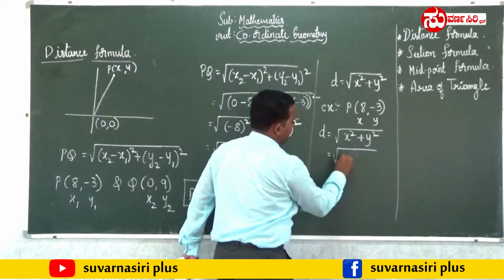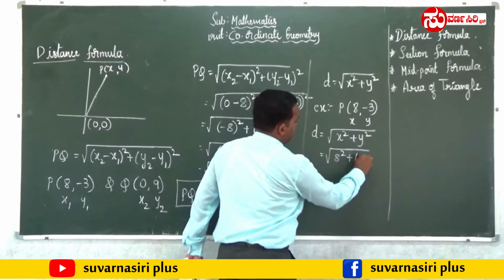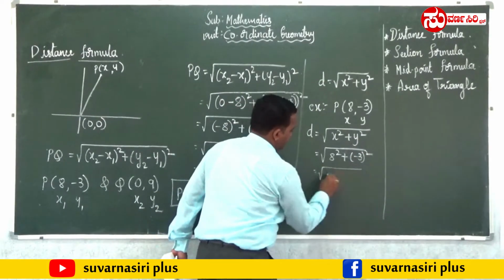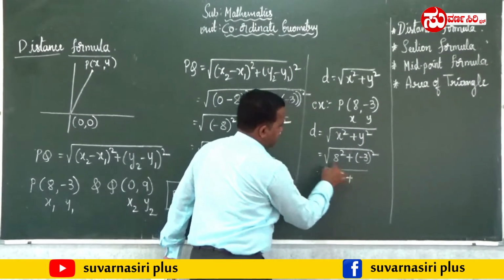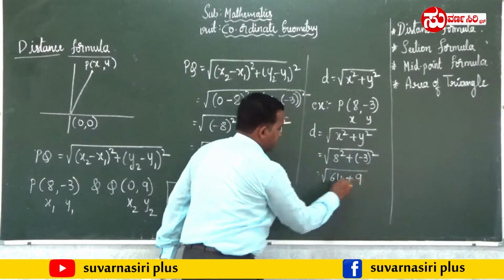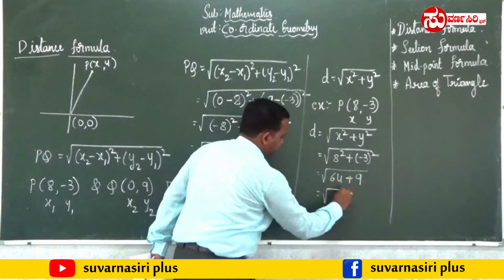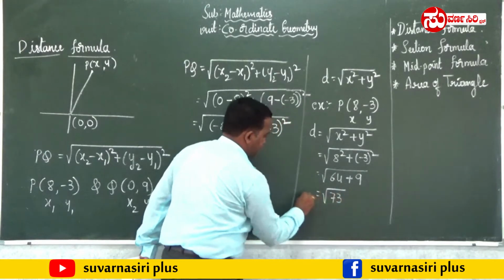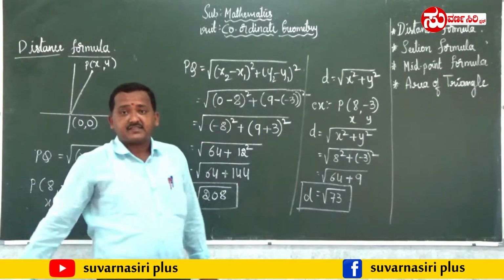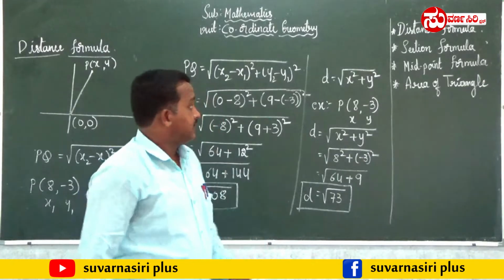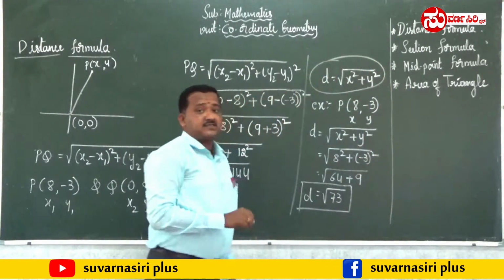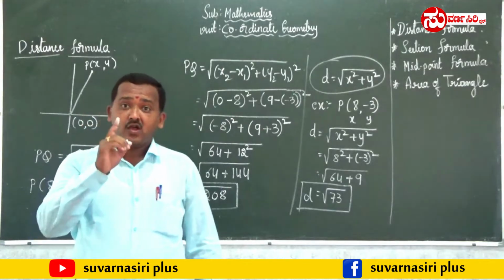Substitute the values: 8 square plus (minus 3) whole square. 8 square is 64, 3 square is 9. 64 plus 9 is 73. So in the examination we may get a 1 mark question for this distance of a point from the origin.